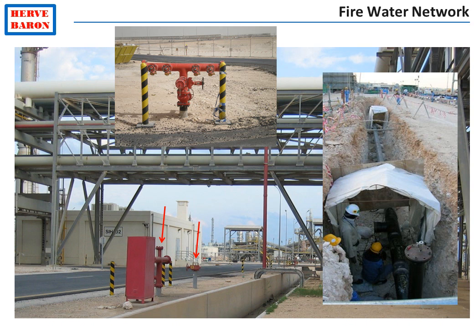The fire-water network entails a looped fire-water distribution ring, together with numerous isolation valves, and hydrants which have to be accessible from the road.